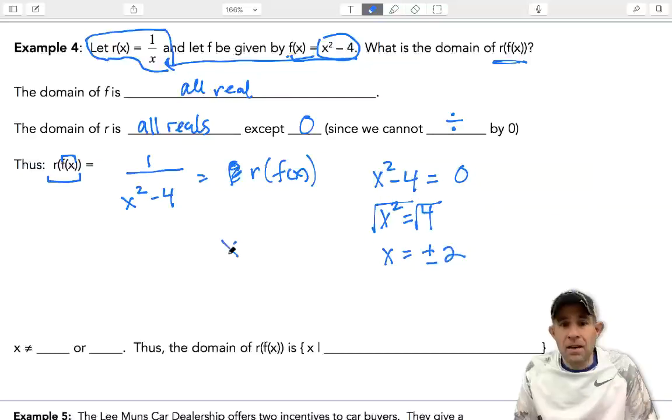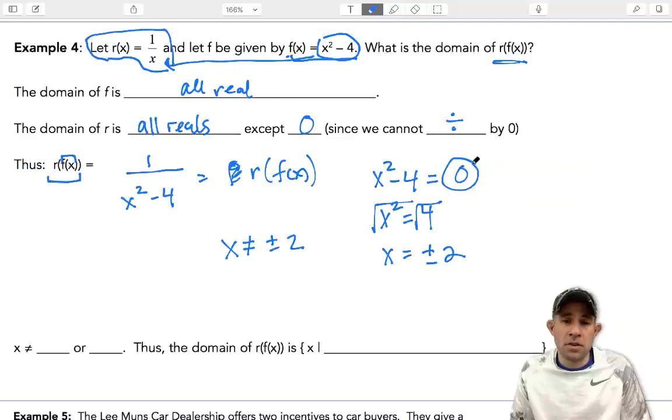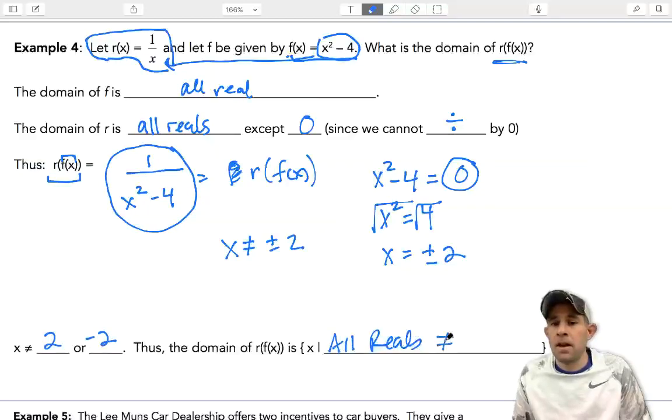Therefore, x cannot be equal to plus or minus 2 because if it were, then our denominator would be equal to 0, and that would make our function r of f of x undefined. So we say our domain is where x cannot be equal to positive 2 or negative 2. Therefore, the domain is all reals not equal to positive 2 or negative 2.